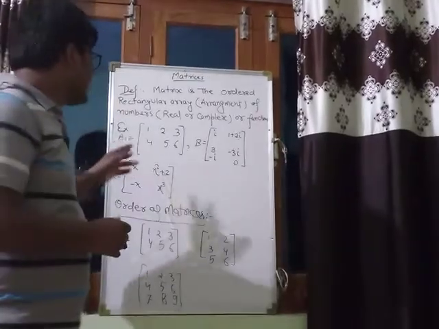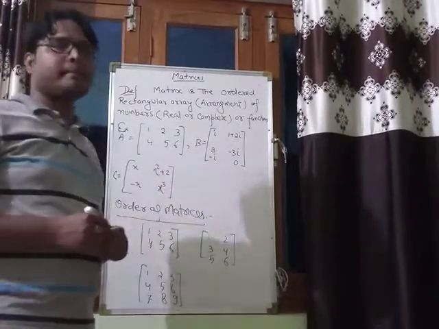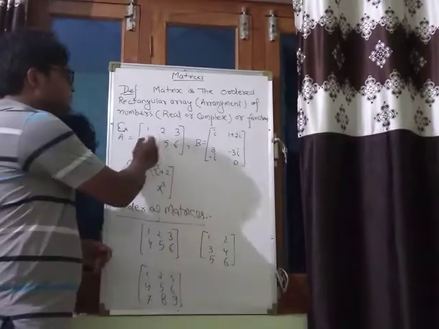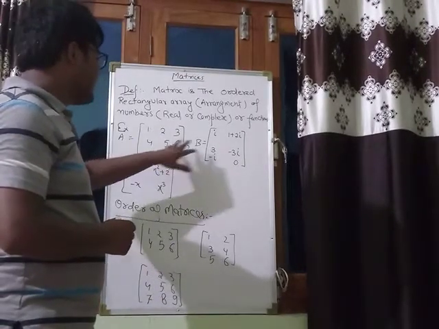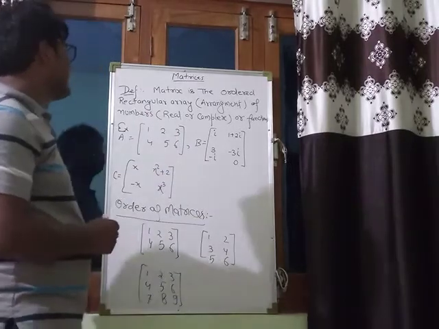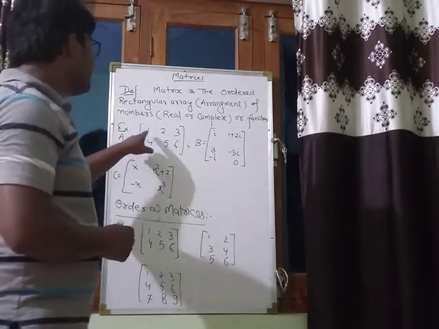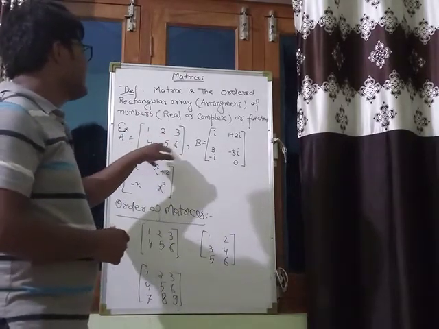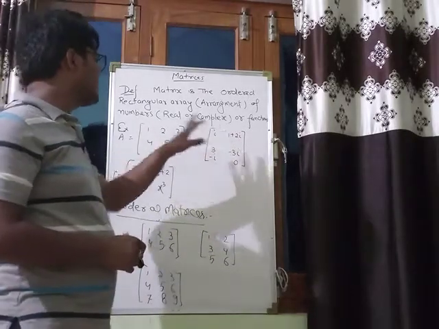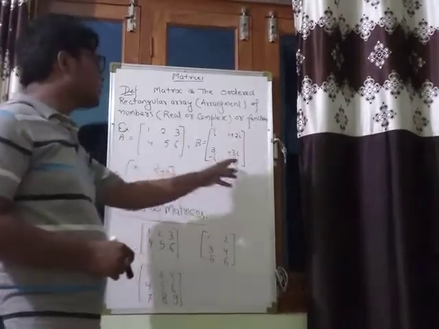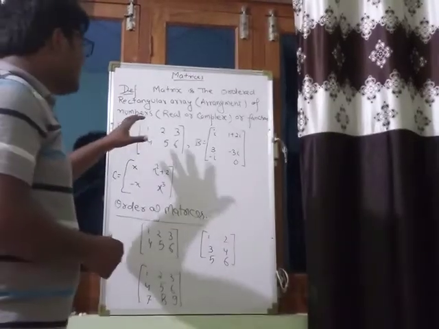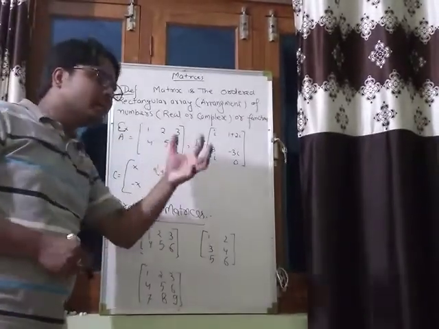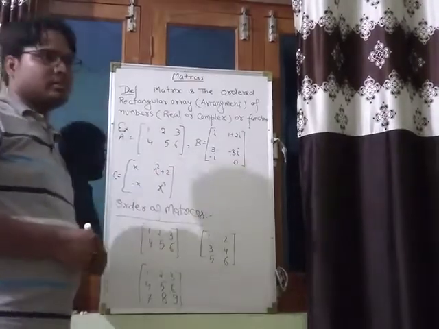See, I have written here some examples. You can see this is a matrix, all these are matrices, and it contains the numbers 1, 2, 3, 4, 5, 6 here. These are real numbers, these are complex numbers, these are functions, and these are rectangular arrangements.